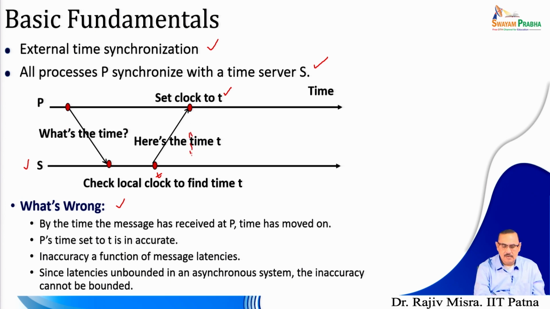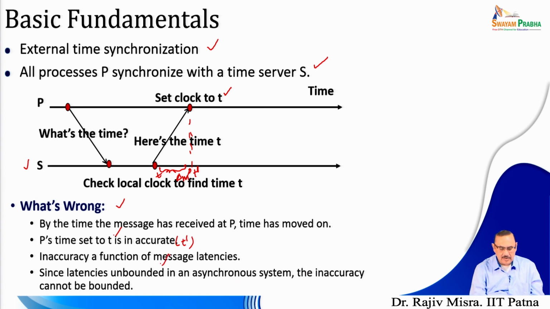By the time the message is received at P, there will be a delay, called the message delay. By the time the message has reached P, the time has moved on. When it received the message, the correct time was not t, but let us say t prime. So P's time set to t is inaccurate; it should be t prime.